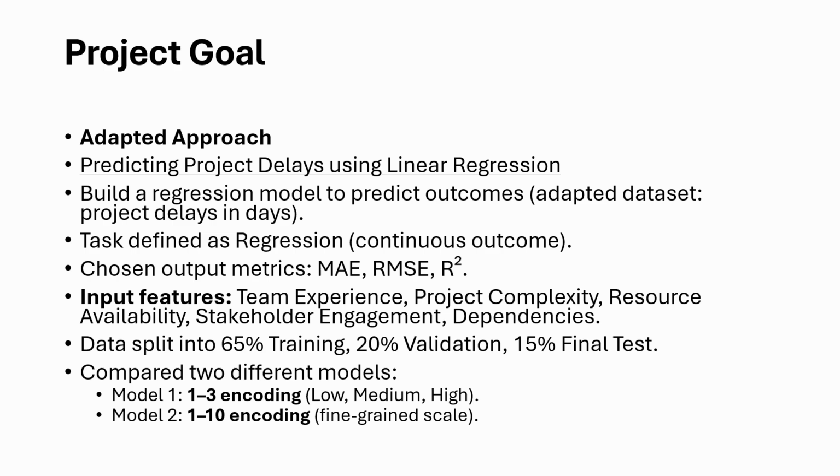The first model, I wanted to represent low, medium, high for all of those types of features, but I used a 1 through 3 encoding: 1, 2, and 3, low being 1, high being 3. In the second model, I wanted to capture more of the differences between, for example, a small SaaS integration project and a full ERP implementation like NetSuite or Salesforce, because the difference between those types of work is quite large.